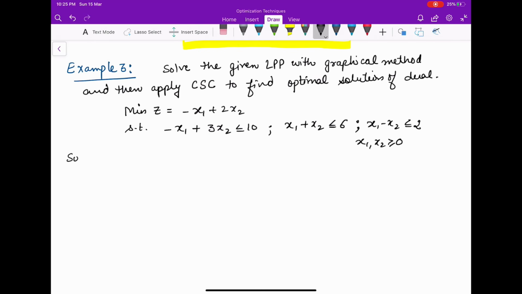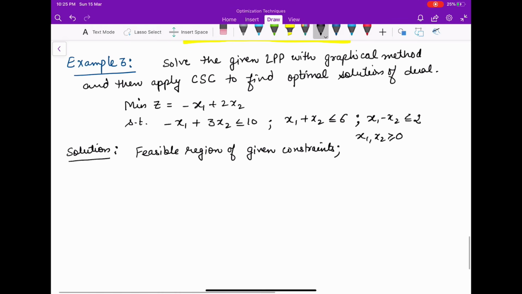So in that case, let me draw the graph of this, and then I can identify the feasible region of the given constraints. We have x1 and we have x2.